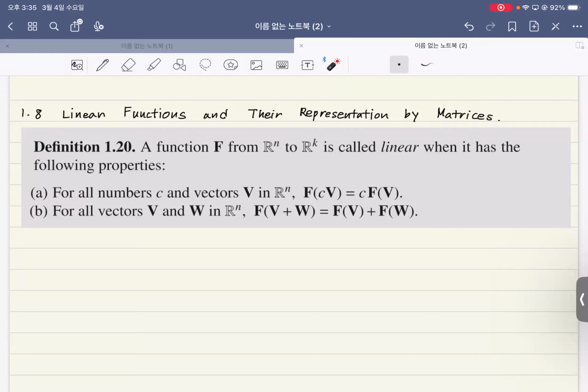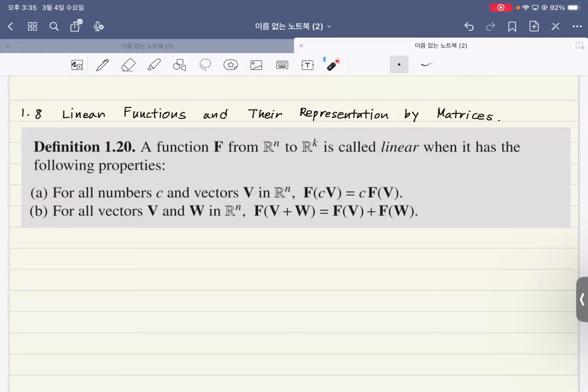Today we are talking about a function not from Rn to R1, but from Rn to Rk. So f is a function which takes n-dimensional vectors and whose output is another k-dimensional vector. This is a general linear function, and it is linear if it also respects the scalar multiplication and the vector addition.